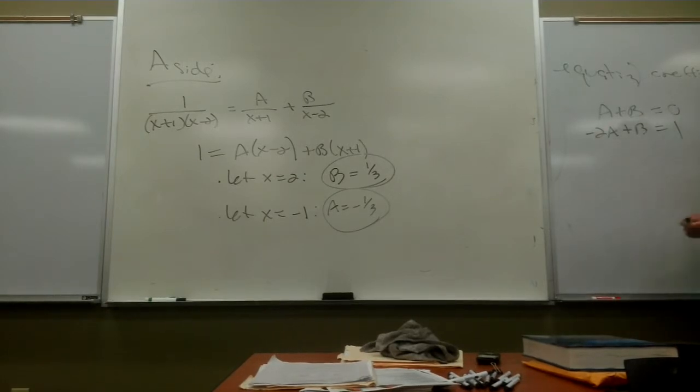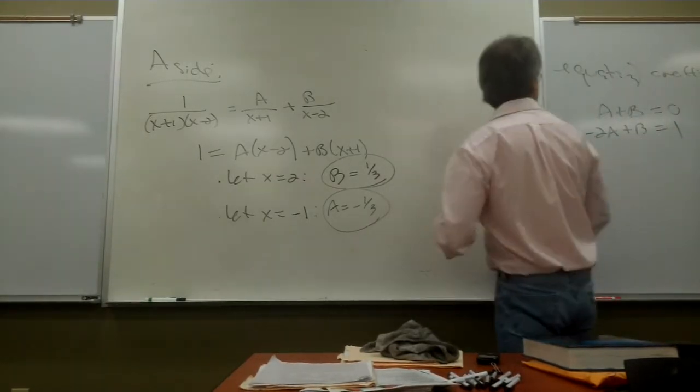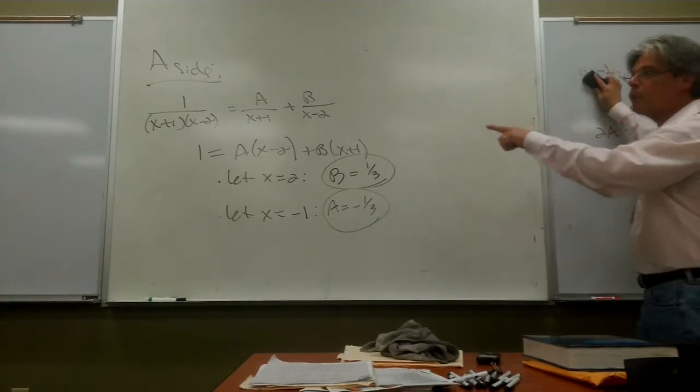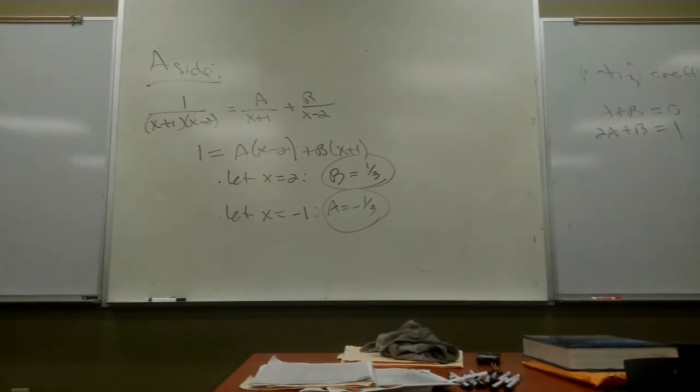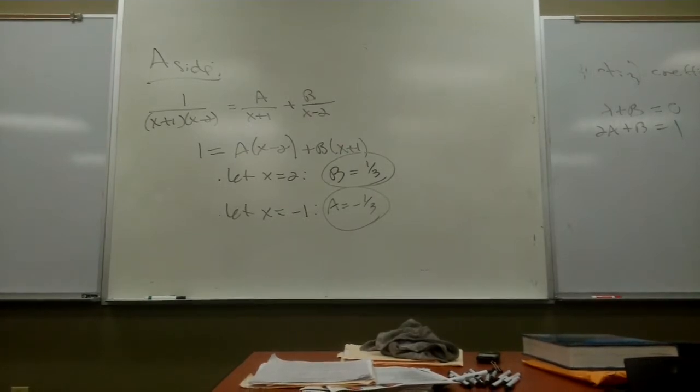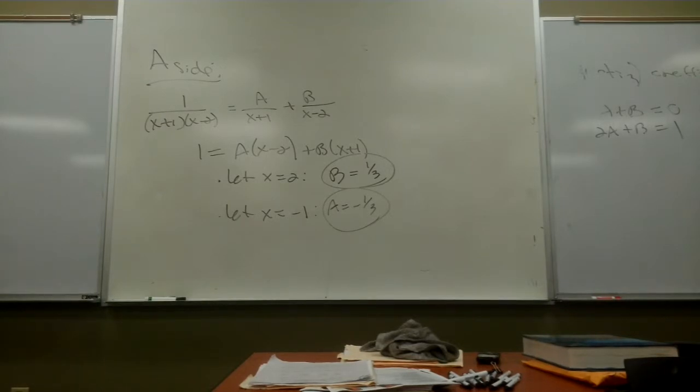And that suggests that when I come back to the left-hand board, I've got values for a and b. They are respectively negative 1/3 and positive 1/3. But doesn't that leave me with this?